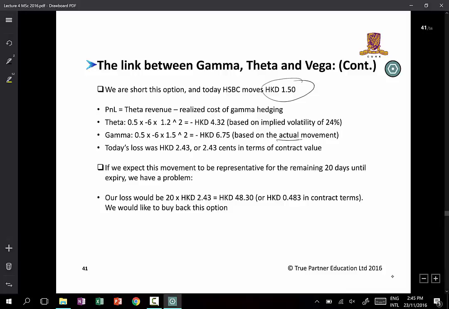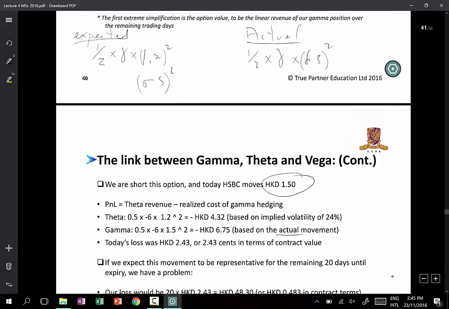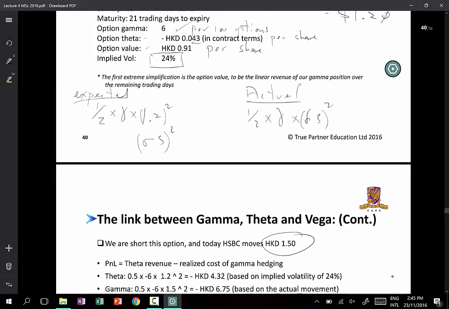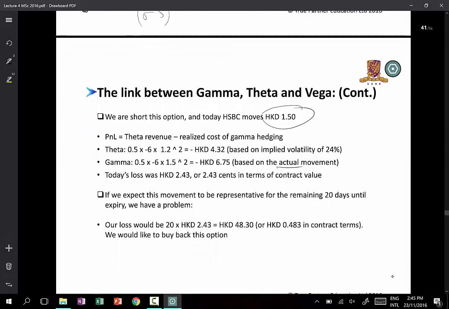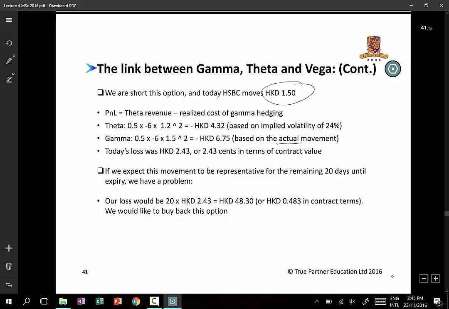This is the actual movement, and based on that, the expected gamma revenue on the previous page would be equal to 422. What you actually got was 675, because the movement of $1.50 is higher than what we expected.